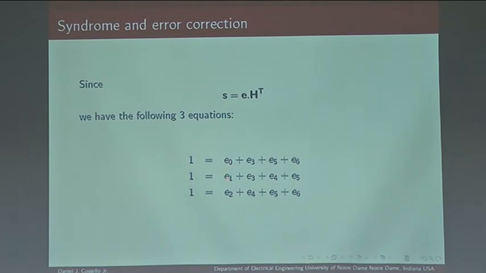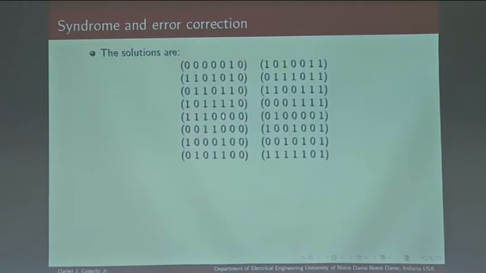If E0, E1, and E2 are equal to 1, and E3 through E6 are all zeros, then these are satisfied. So E0, E1, and E2 equal to 1, and the others equal to 0. This is that solution.